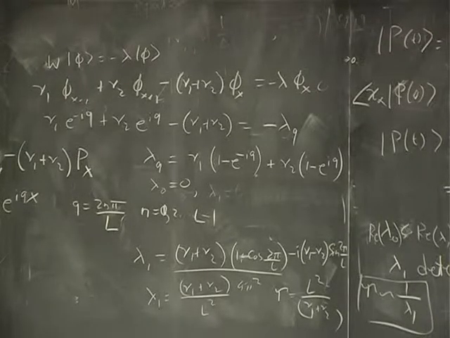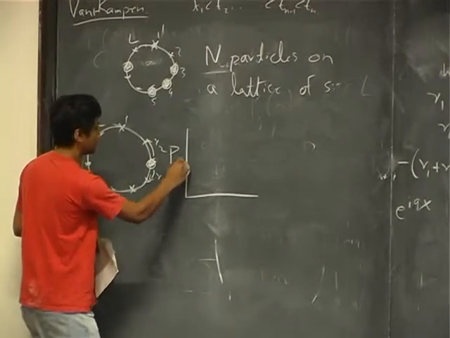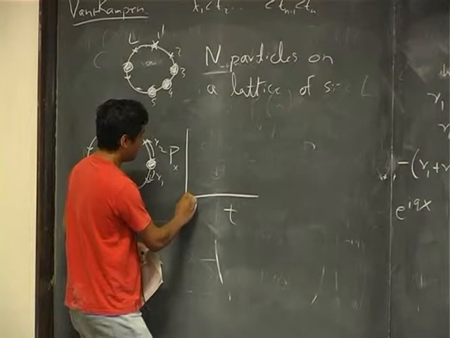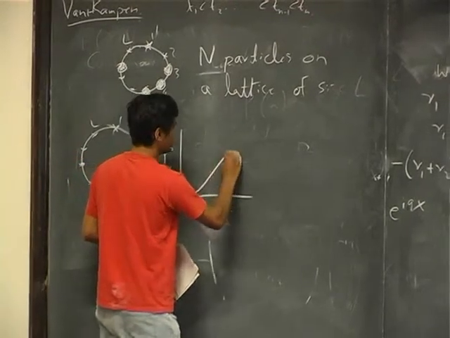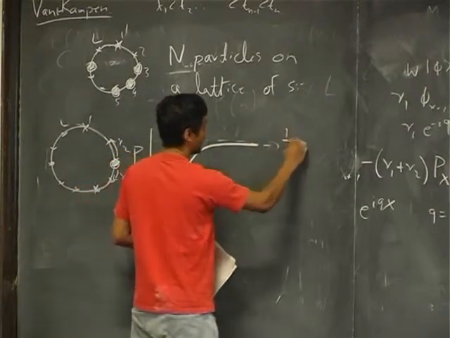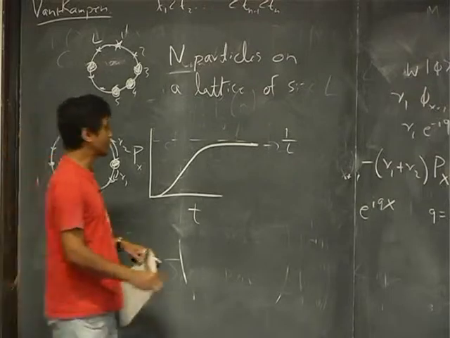Then I look at how the probability at this point evolves as a function of time, p of x as a function of time. Initially it's 0, and then it will exponentially go to the steady state value, which is 1 by L. This is true if R1 is equal to R2.